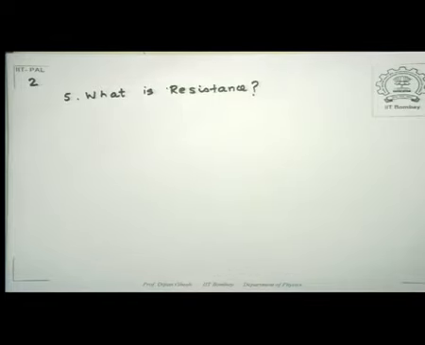So what we said is this, that while resistivity or conductivity are material properties, the resistance is a sample dependent property. Of course, it depends upon the conductivity or resistivity, but it also depends upon the sample geometry.